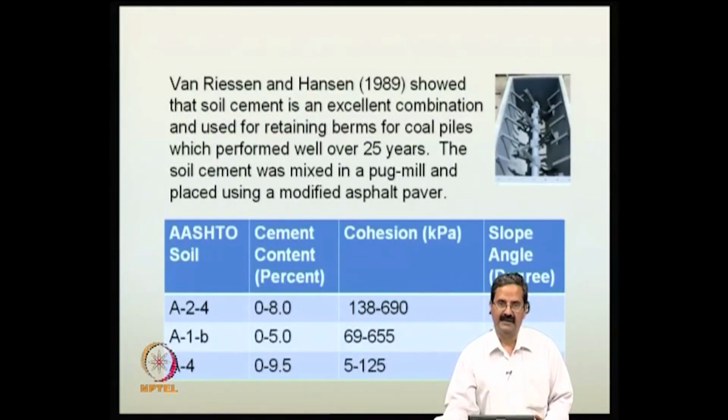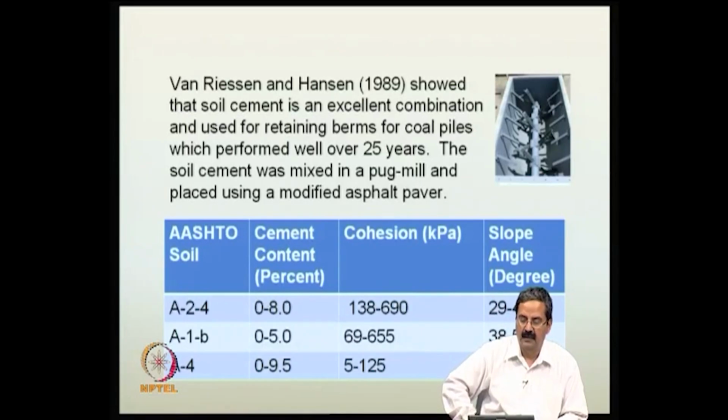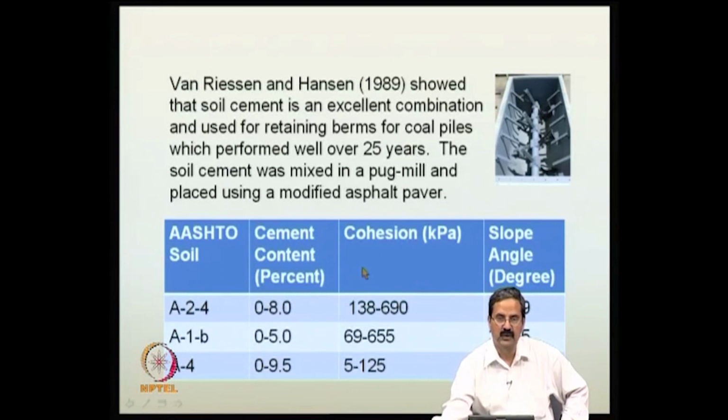There are some more studies people have done, particularly at field scale. As I said, soil cement or soilcrete is an excellent combination, and it was used in a particular coal dumping area. They used this material essentially for retaining berms, because you need to retain a lot of coal material, and unless you retain it in a proper way, it occupies a lot of space.